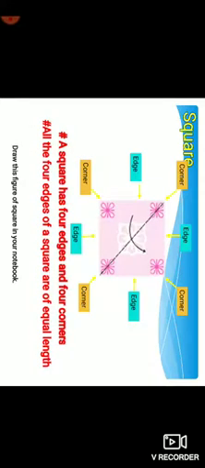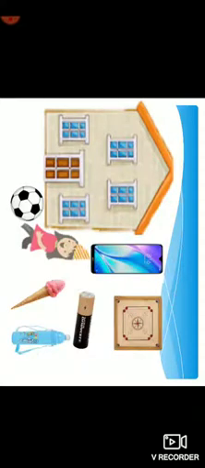Now draw this figure of square in your notebook. Find the shapes in your surroundings. For example, a birthday cap, an ice cream cone, mobile phone, the battery cell, water bottle, etc.